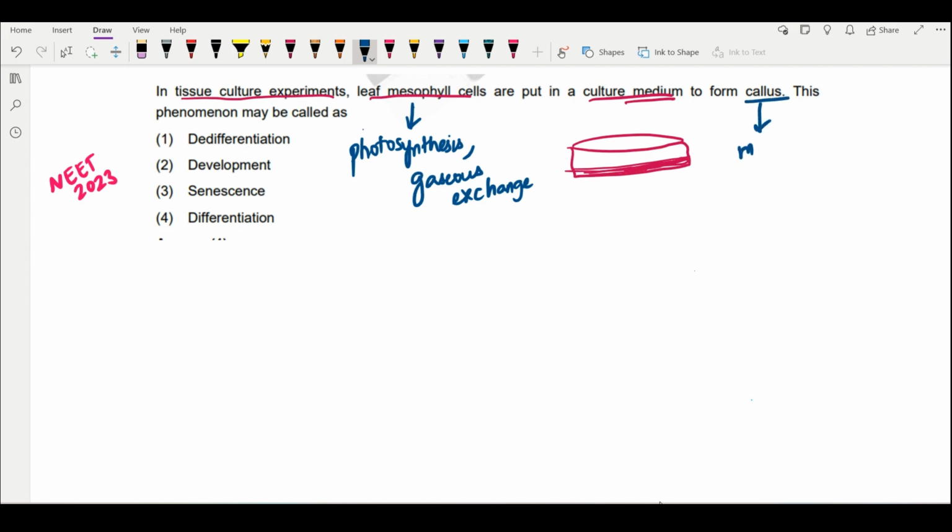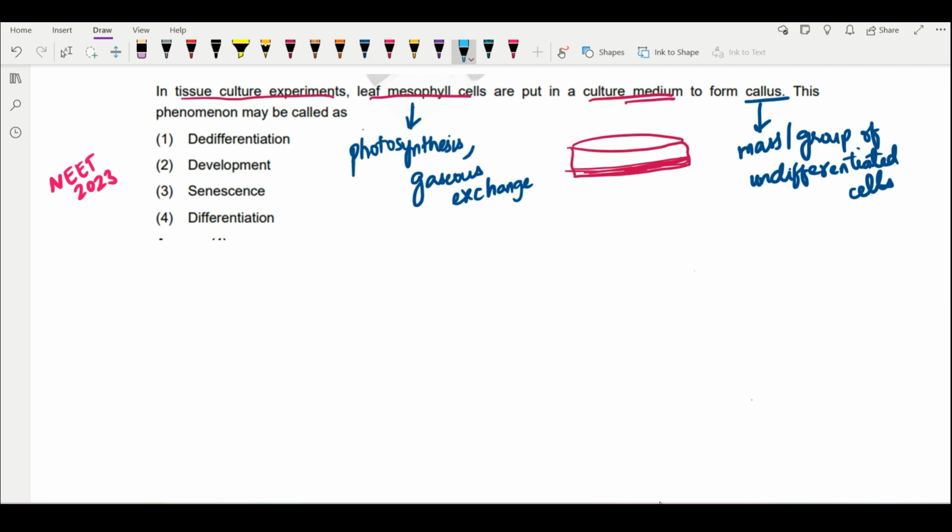Callus is a mass or group of undifferentiated cells. That means these cells continuously divide. They do not have any specific function; they are not specialized to perform any specific function. So in tissue culture experiments, when a leaf mesophyll cell is put in a culture medium, it forms callus. So this phenomenon is called what?